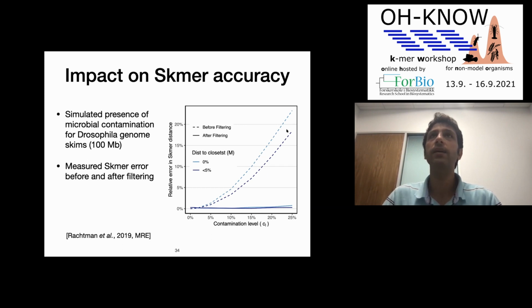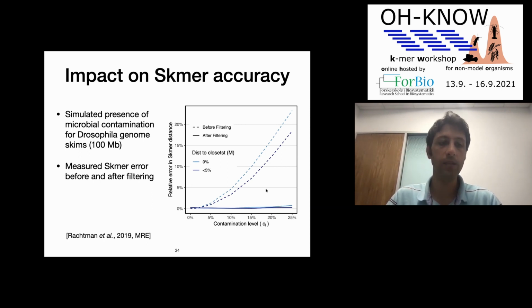Before we do any Kraken filtering, we can have high error, like 20% error in our distances if we have 25% contamination. There we have two lines. Then we do removal of contamination. When the contamination is close to something in your reference database, Kraken does a very good job of removing those contaminants, and we get the right distance.